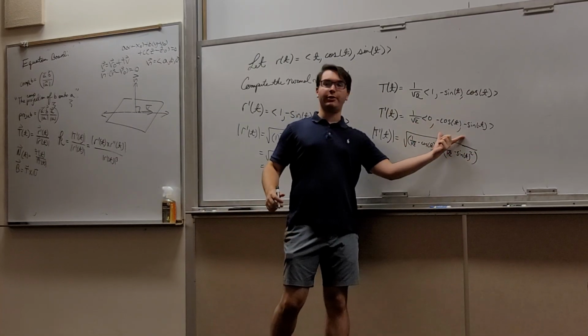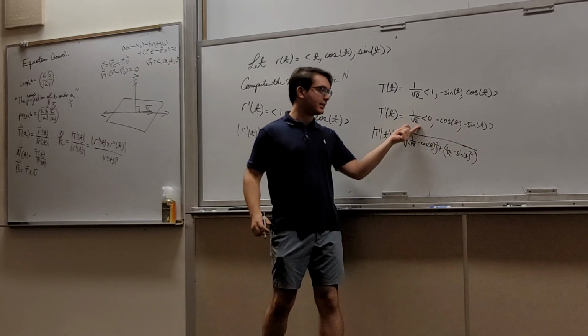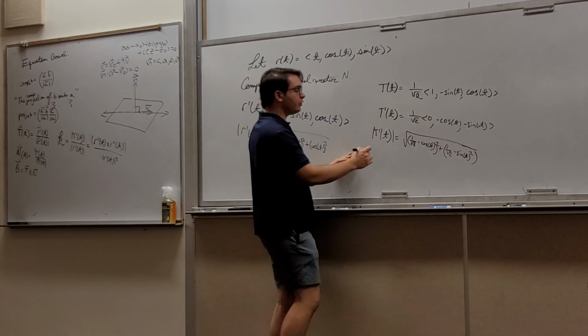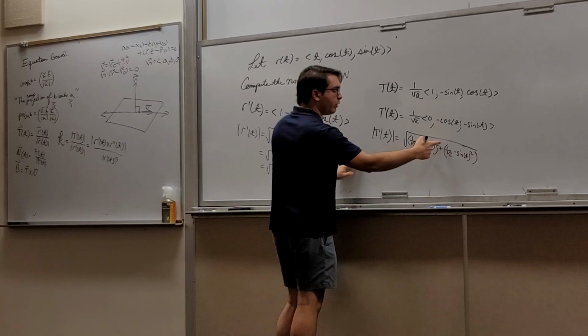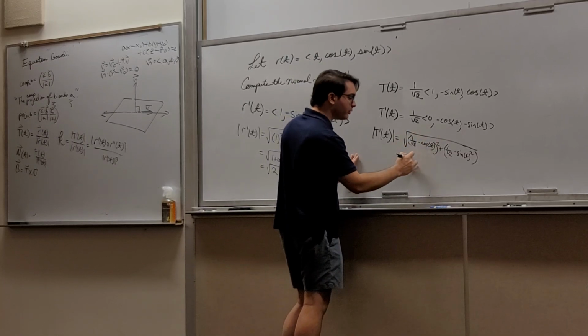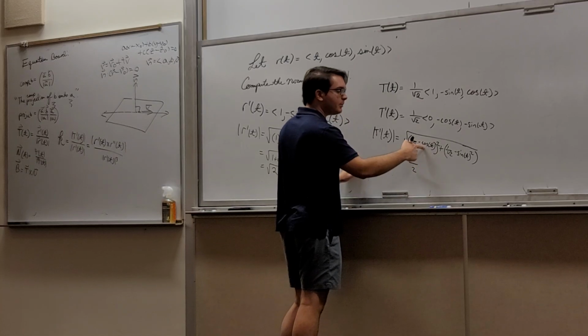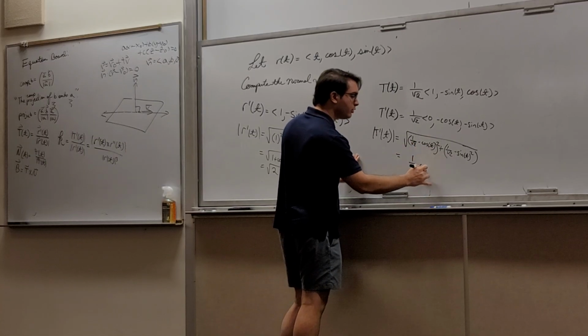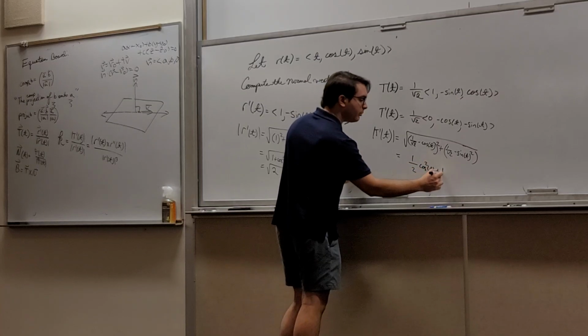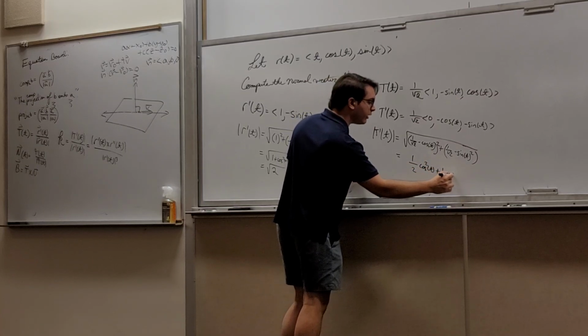Don't just plug this stuff in, because T itself has this, which will definitely affect its magnitude. Okay? All right, so this equals the square root of 1 over the square root of 2 squared, which is 1 over 2, times negative cosine of t squared, which is cosine of t squared. Then this will also be 1 over 2 sine squared t.